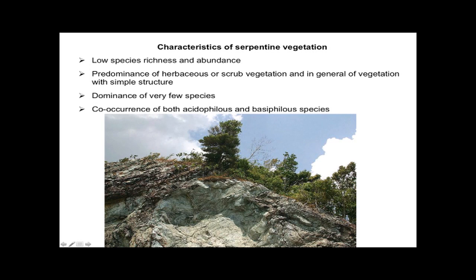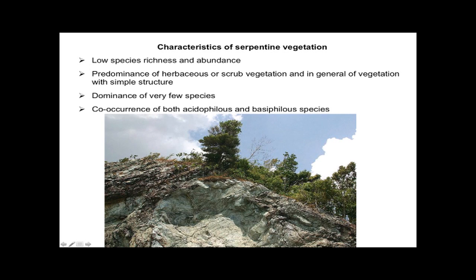And now we will see some characteristics of the plant communities, the vegetation types growing on serpentine. Vegetation growing on serpentine has these general characteristics. For instance, it has low species richness and abundance. We have predominance of herbaceous or scrub vegetation on serpentine soils.